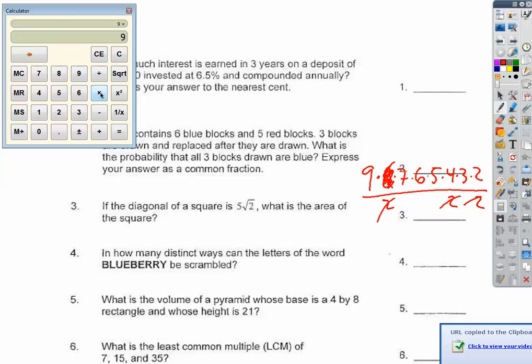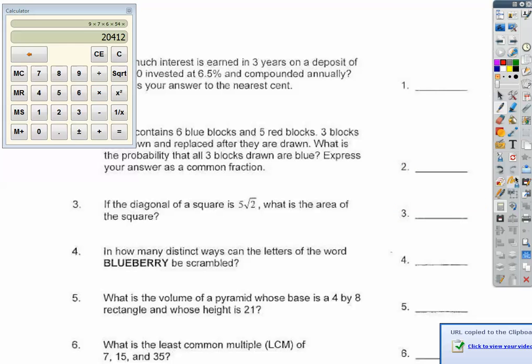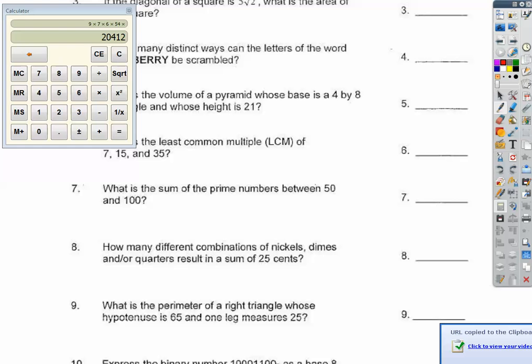Now the board's flexing. It's kind of freaky. So 9 times 7 times 6 times 5 times 4 times. Oh. If you have a calculator that works, you end up with 45,360. Sorry.